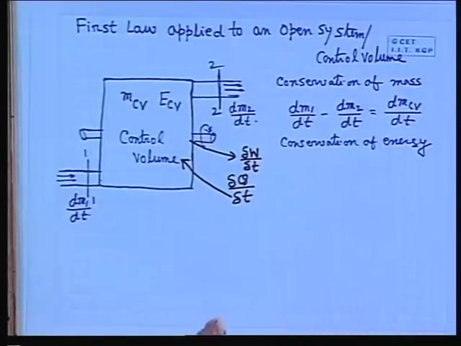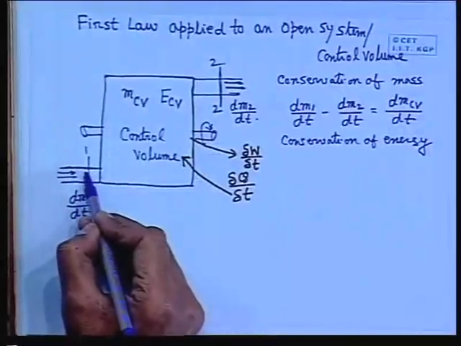But here we will have to recognize one thing, unlike the closed system, where energy comes in and goes out only in the form of work and heat, because no mass of the system goes out or comes in.